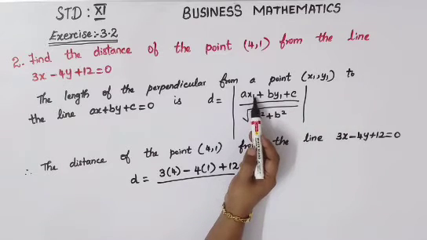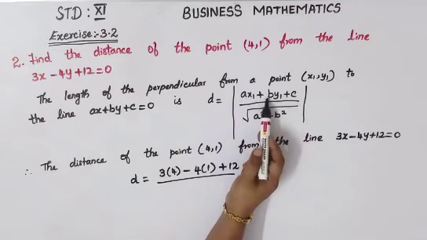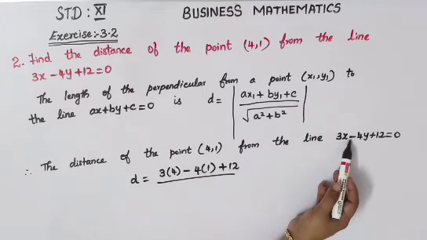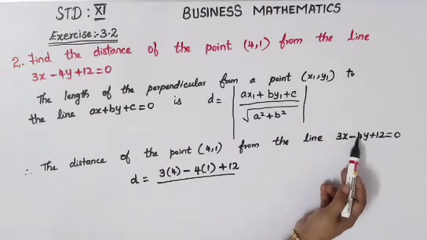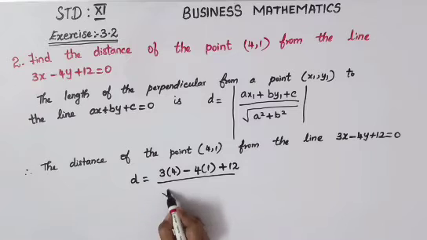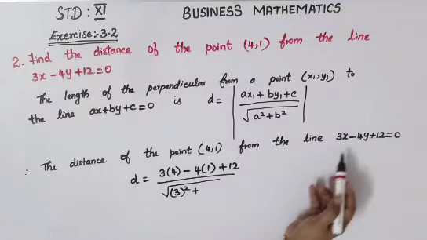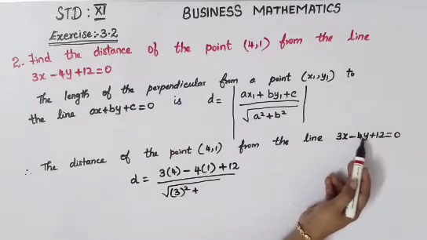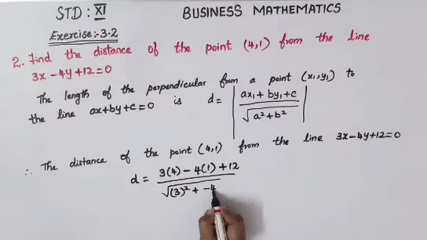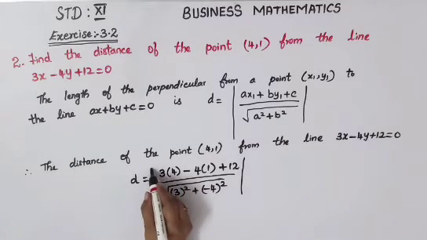A is nothing but the coefficient of x1 and here y1, okay. So we have got here the coefficient of x is 3 and y is minus 4. So you can write it as root of 3 square plus here b, in the place of b we have got minus 4.